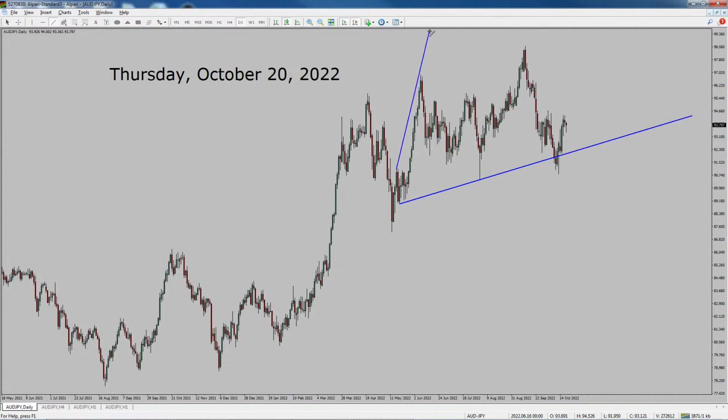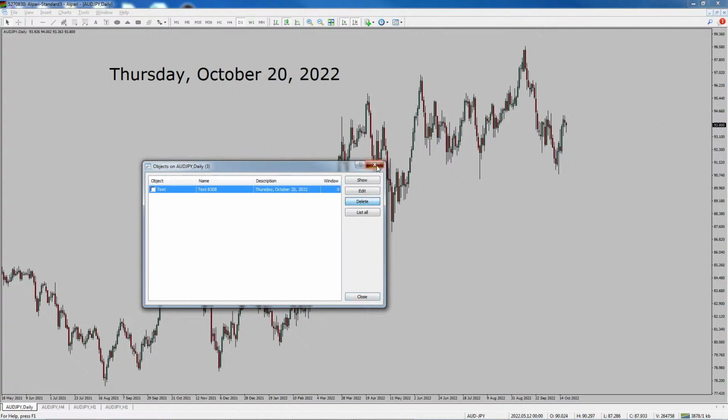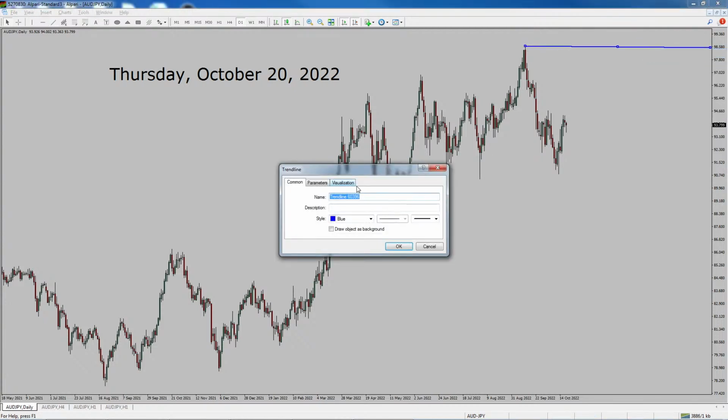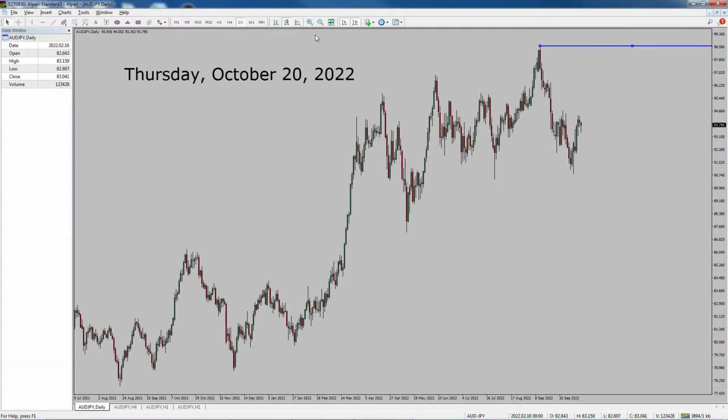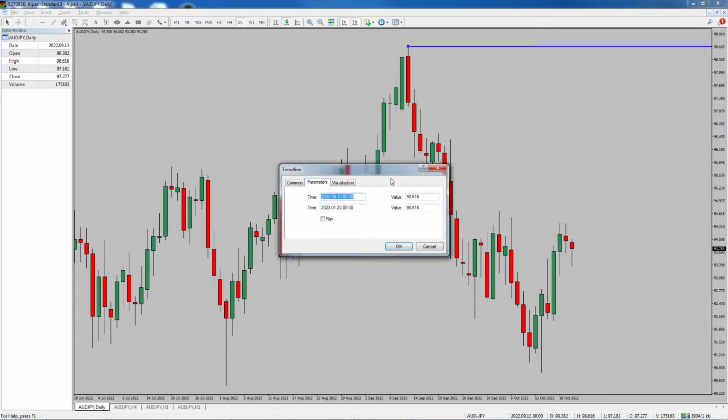1, 2, 3, 4, 5. So here's the expanding variety. Let's define the resistance. The resistance level is the high at 98.616.